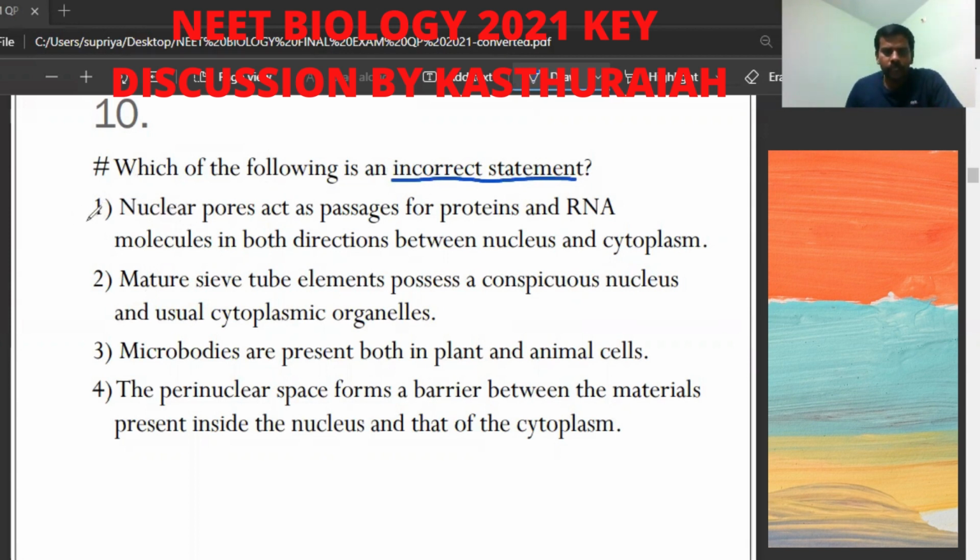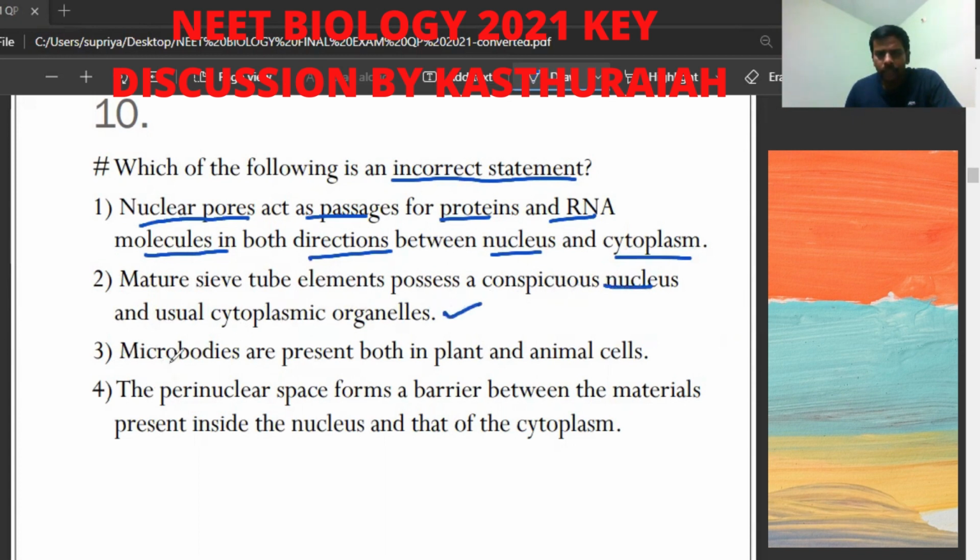Read the first statement. The nuclear pores act as the passages for proteins and RNA molecules in both the directions between nucleus and cytoplasm. And the second option, the mature sieve tube elements possess a conspicuous nucleus and usual cytoplasmic organelles.